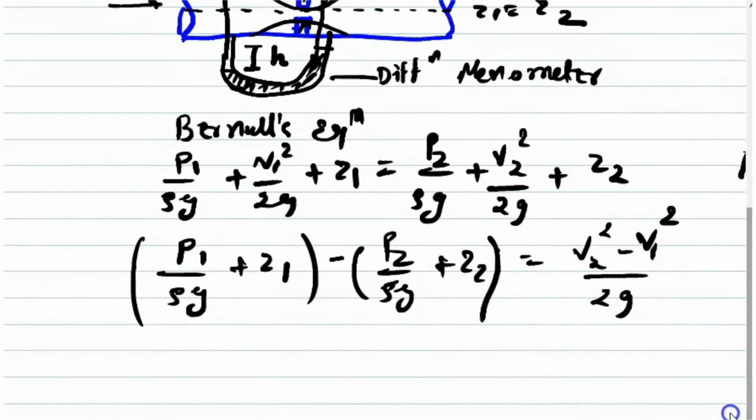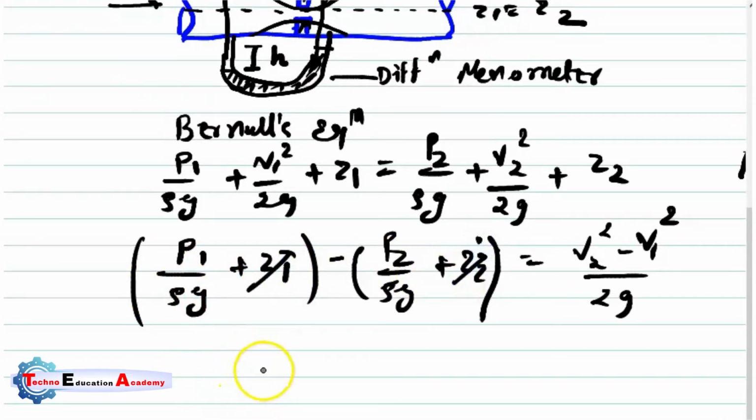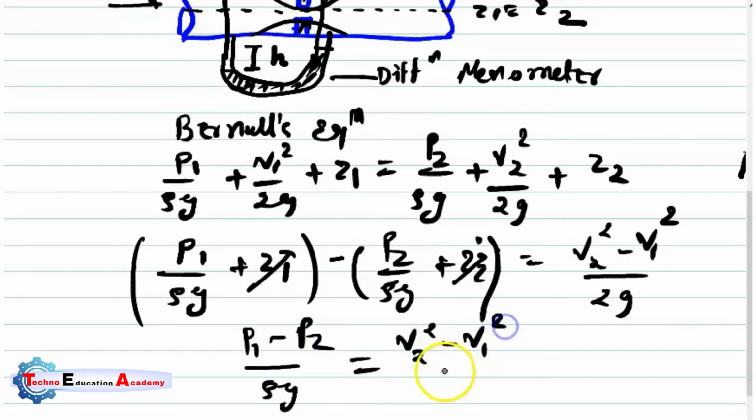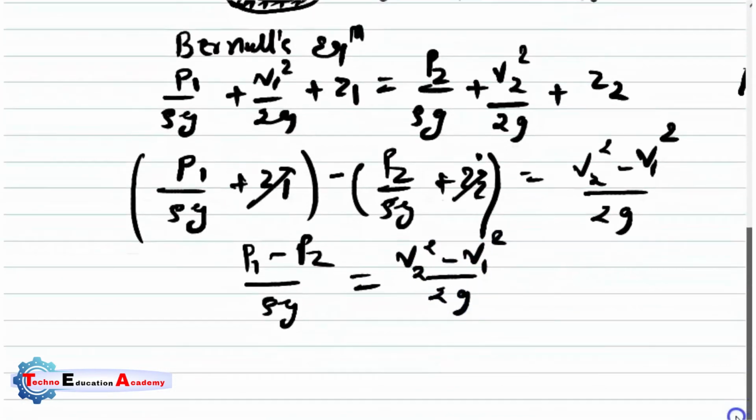But in this case Z1 is equal to Z2, so neglecting the datum head terms, P1 minus P2 by rho g is equal to V2 square minus V1 square by 2g.